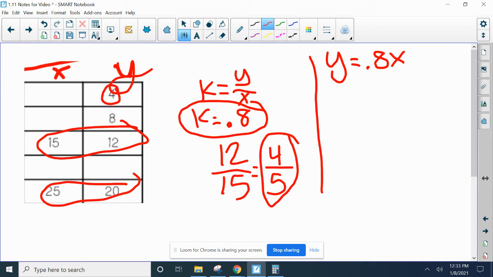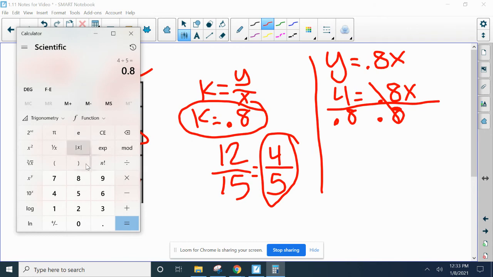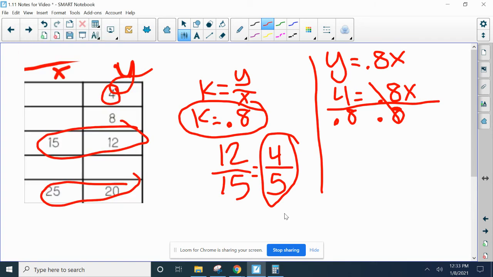So here we have y being 4. 4 equals 0.8 times x. We'd go ahead and divide both sides by 0.8. And we're going to say 4 divided by 0.8 is going to give us 5.